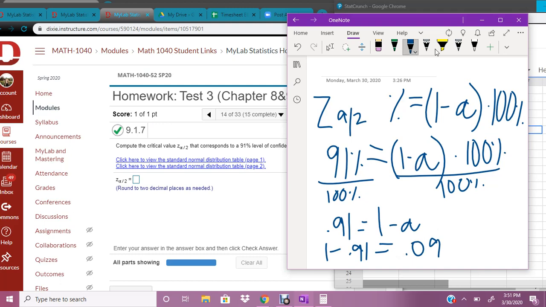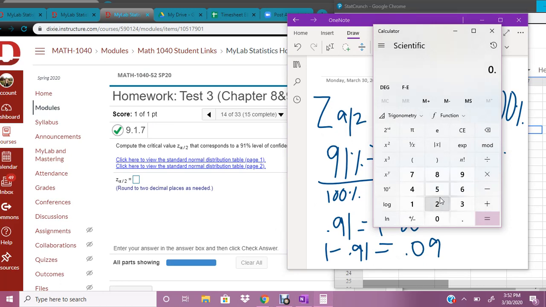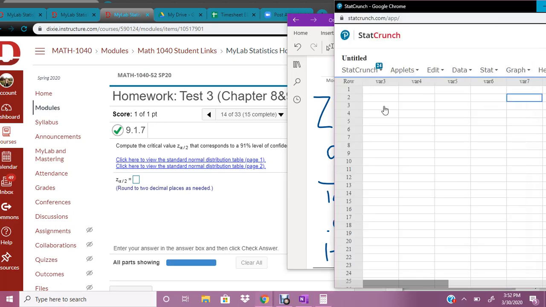And then once again we have to divide that by 2. So this is the number that we're going to be putting into our calculator.